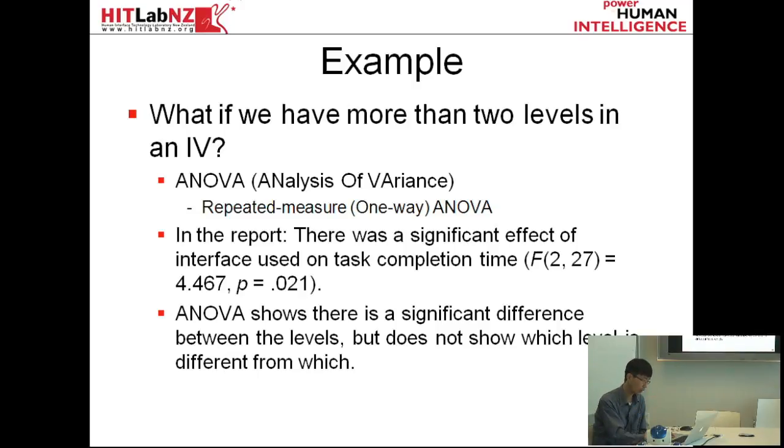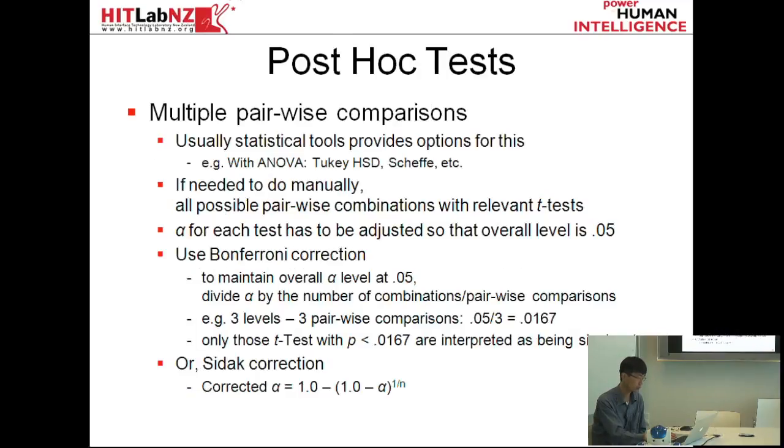So usually what you do is after you run ANOVA, you also have to run a pairwise comparison, because the p-value that ANOVA prints out is basically saying there is a difference between the three, but not making any pair-by-pair comparison. So usually the statistics tool does this automatically.